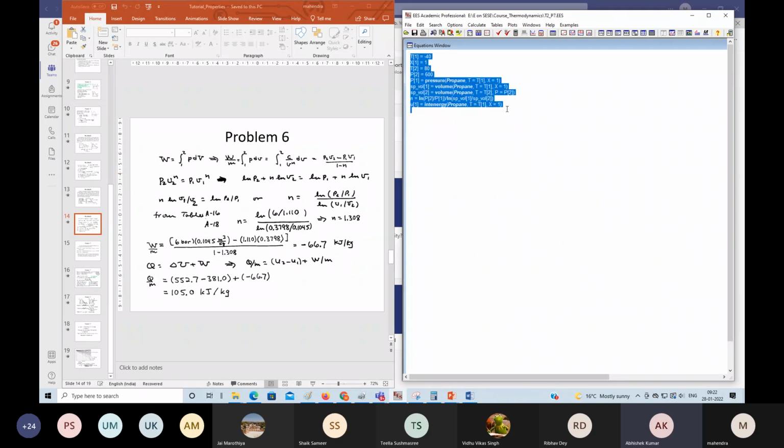Now problem number 7, that day we have practiced very well. Sir, why do we write Q equal to delta U plus W? It is minus W, no? Sir, means internal energy equals Q plus W. So Q equals U minus W. Delta U equal to Q minus W, right?